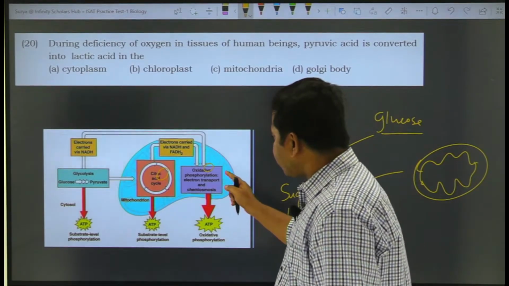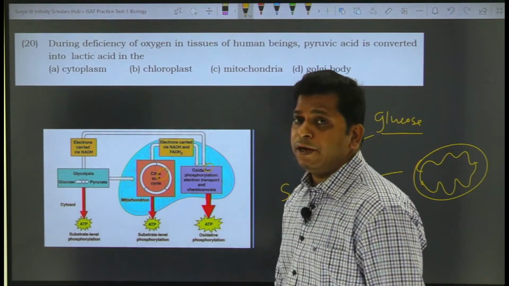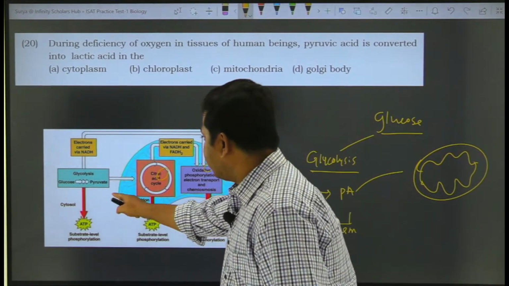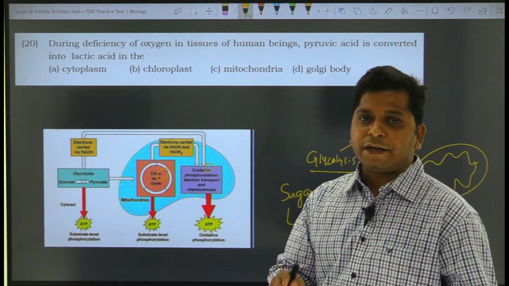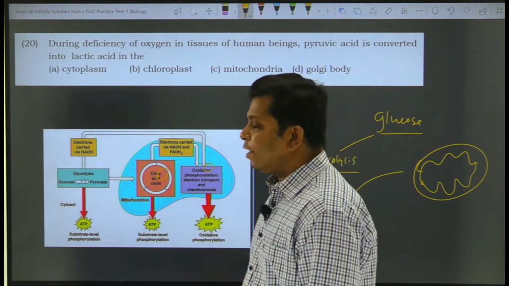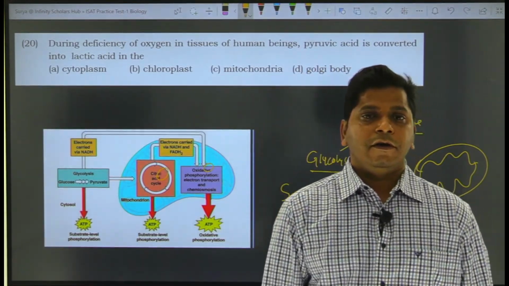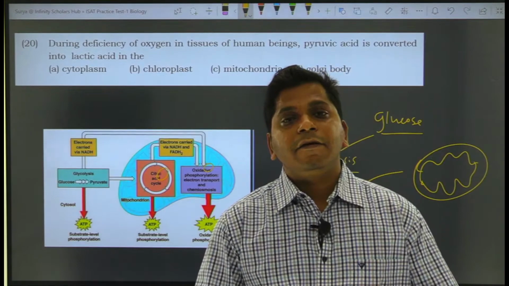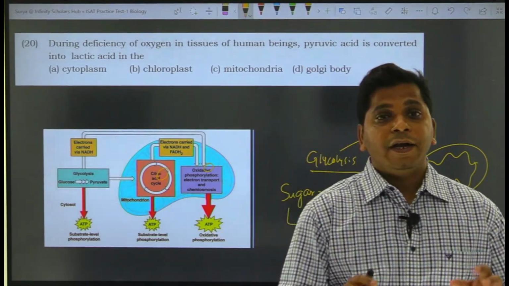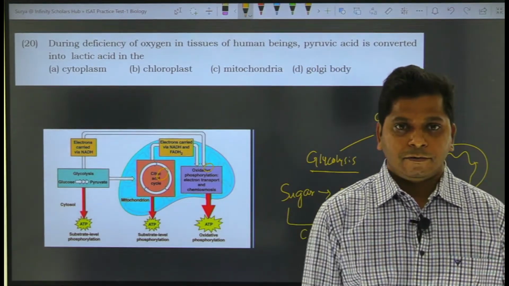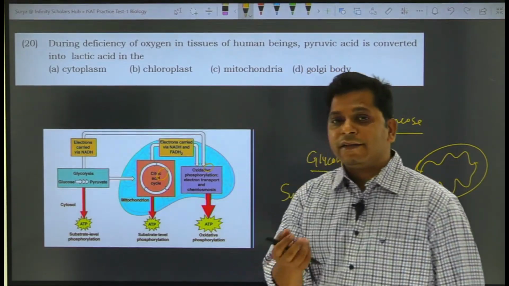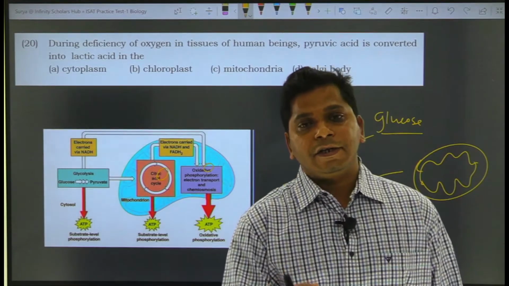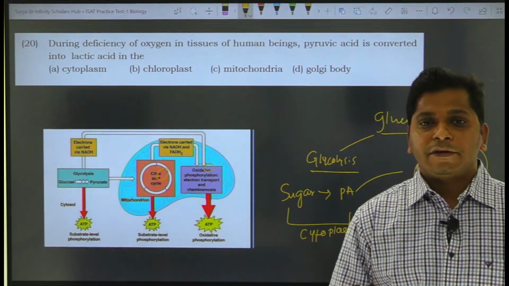But this process will only work, that means the degradation of pyruvic acid, the complete breakdown of pyruvic acid to release ATP molecules, will happen in the mitochondria when oxygen is present, because oxygen acts as a final electron acceptor during that process to produce the water molecule.